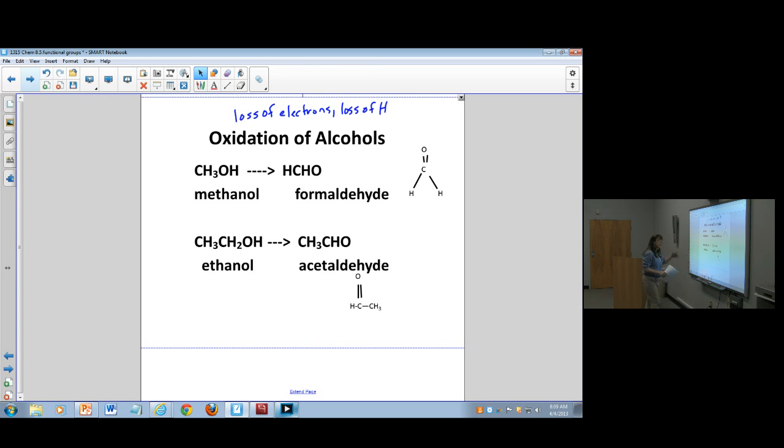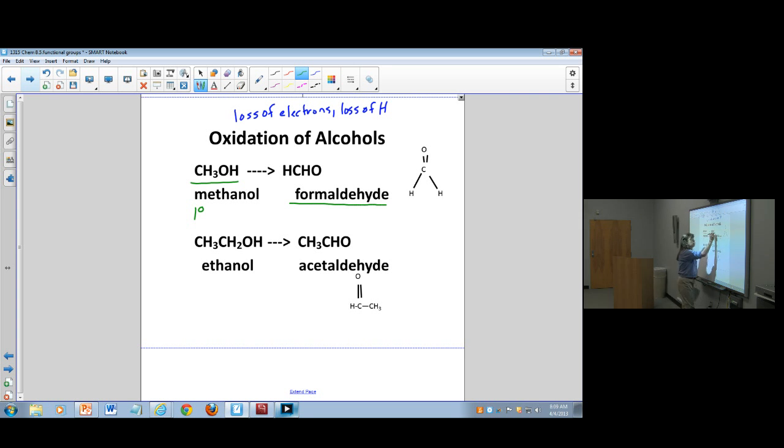So in an oxidation of alcohol, I'm going from some alcohol on a primary chain to something called an aldehyde.